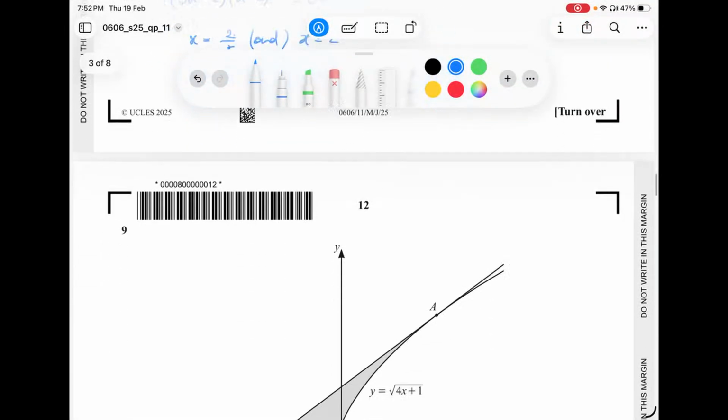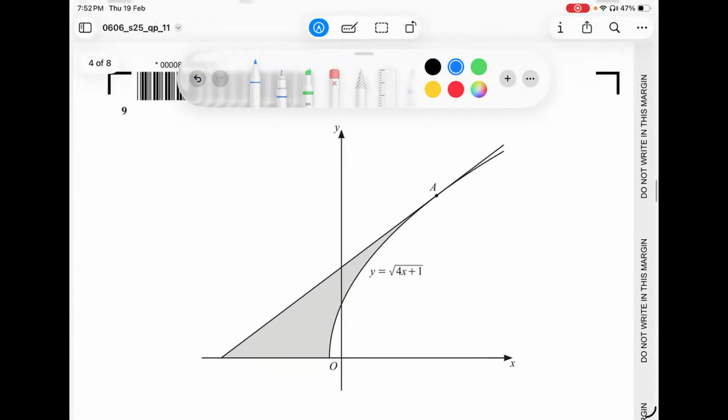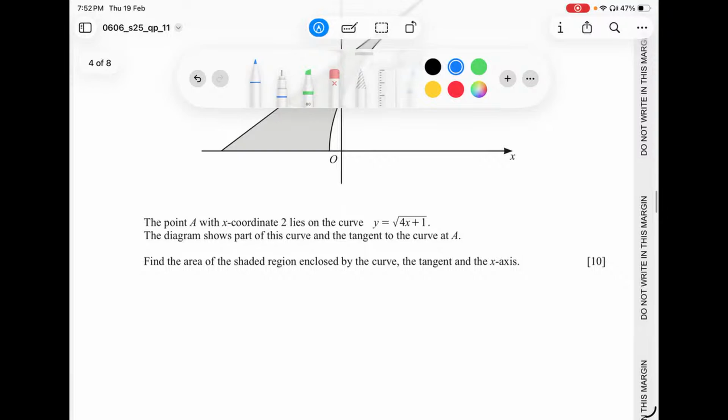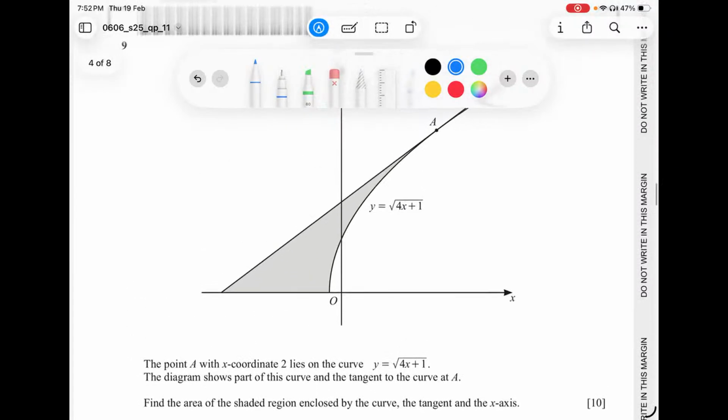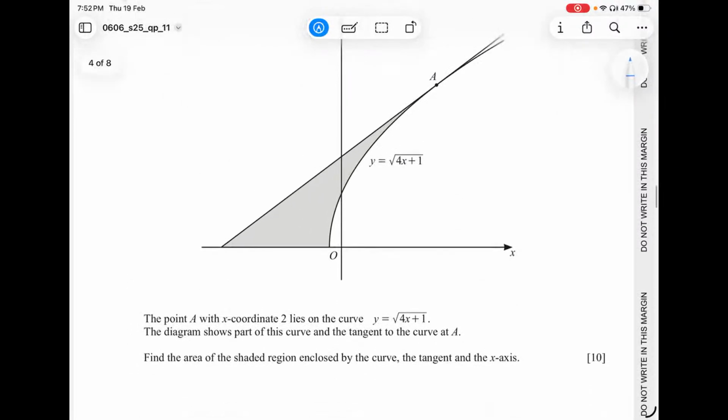Okay, now let's move on to question number 9. Whenever you see something like this, you just remember that this is going to have something to do with calculus because you have curves and a straight line. Here the point A with x coordinate 2 lies on the curve y equals 4x root 4x plus 1.